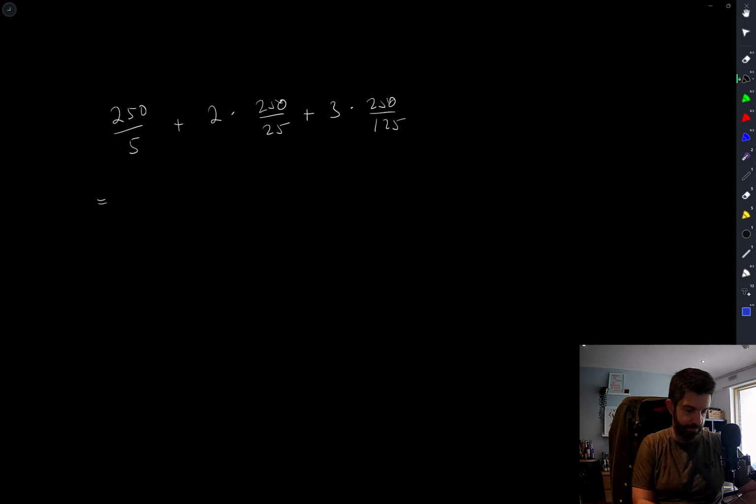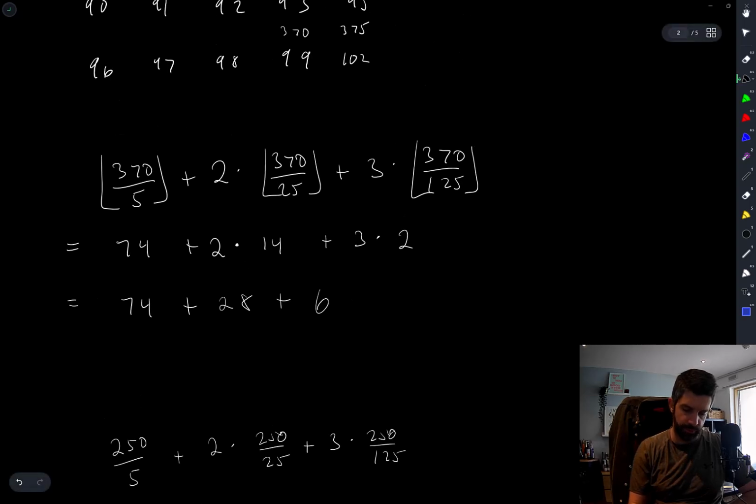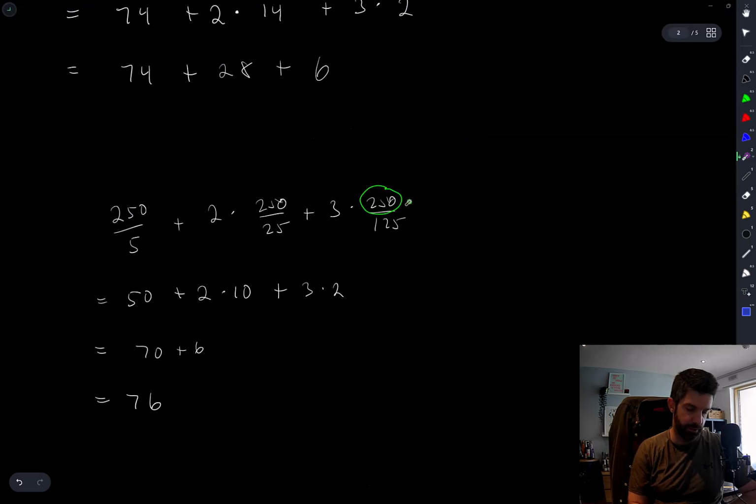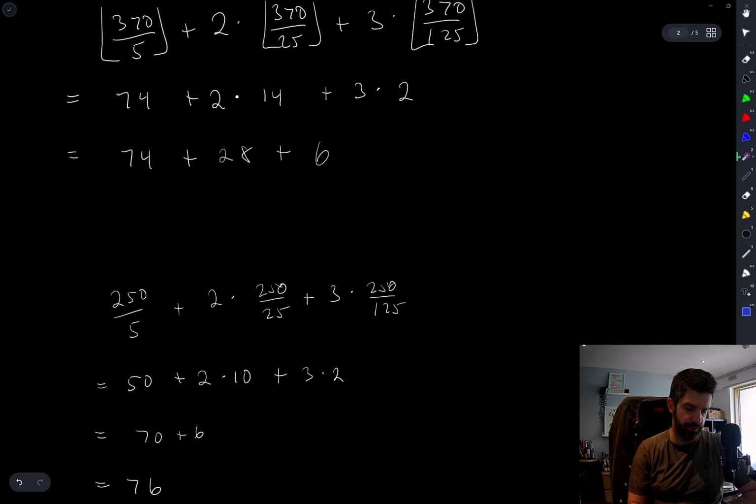For 250, right, 76. Every time I go above a multiple of, but 250, the next multiple of 125 is not till 375.